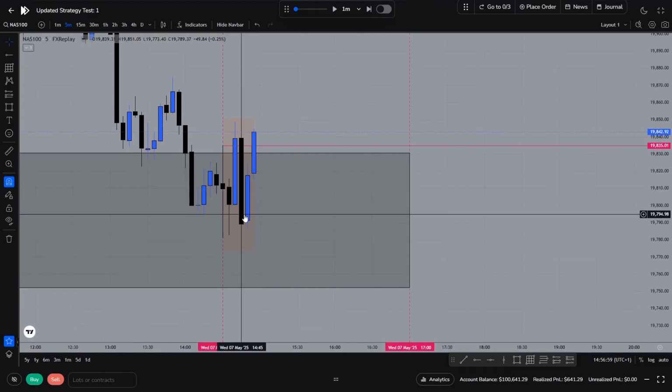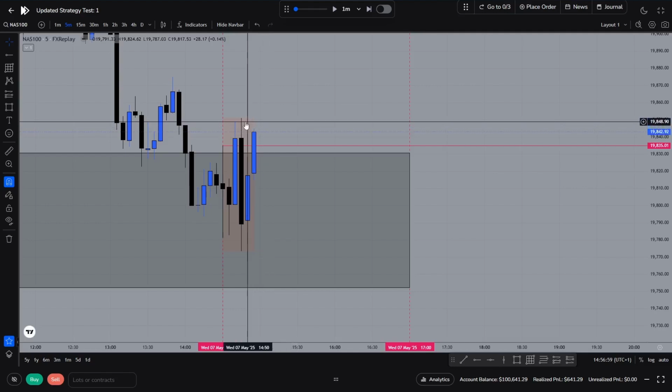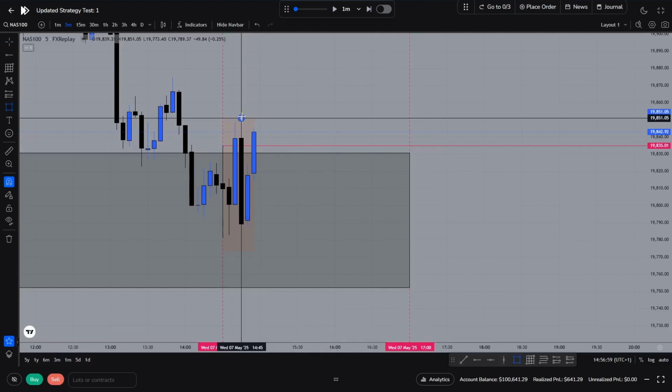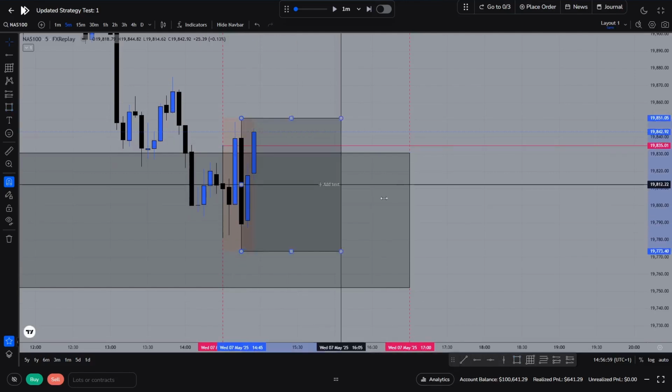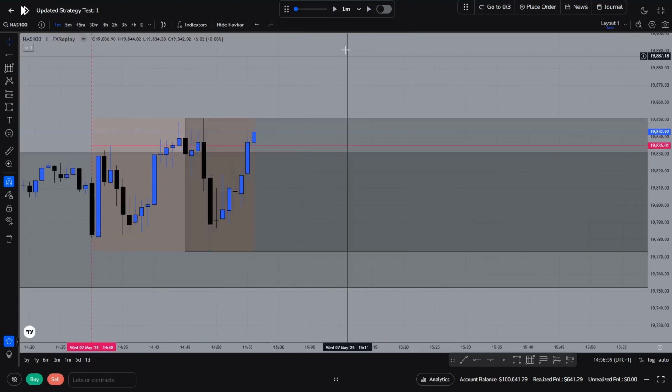This is where I want to see now a break of structure or an FVG left behind. This is an order block. Swept and broke structure, I believe. 1 minute.